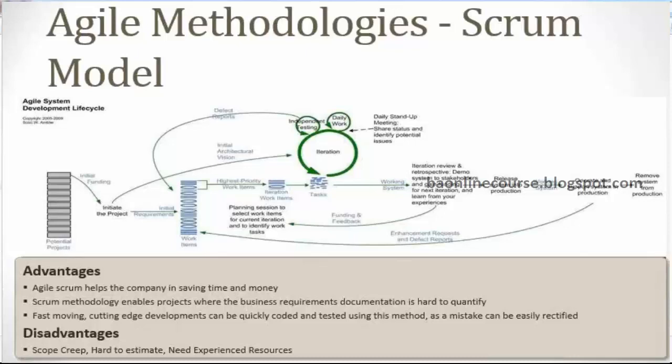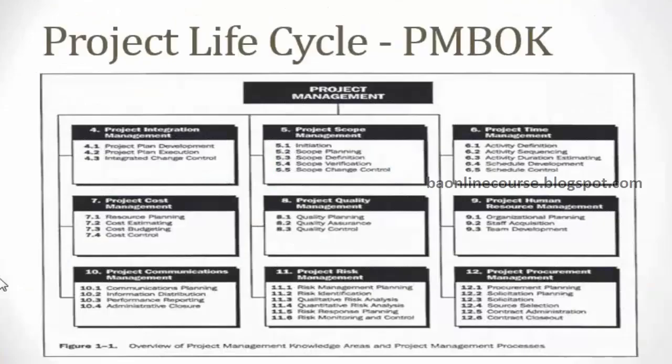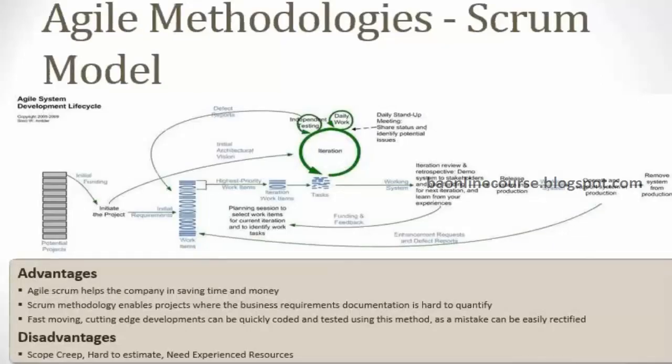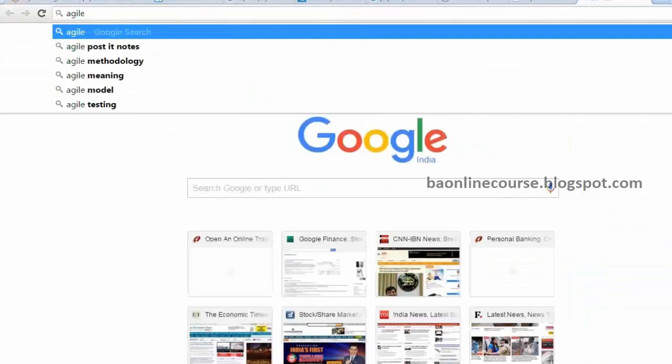So that is reduced by Agile, right? Okay. Now, Scrum model is one of those Agile methodologies. Right? So there are different Agile methodologies also, like there is pair programming or extreme programming, right? Then there is JAD sessions, right? All these are types of Agile methodologies. Okay. So Scrum is a model of Agile method.